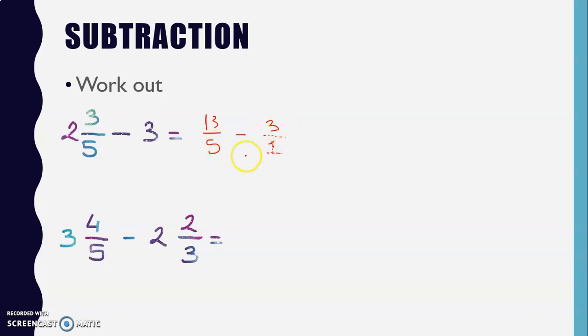As you can see, the denominator is not the same, which means that we need to multiply this by 5. 13 over 5 minus this time 15 over 5, which leaves us with a negative number because 13 minus 15 is negative 2. So it's a negative fraction, negative 2 over 5.